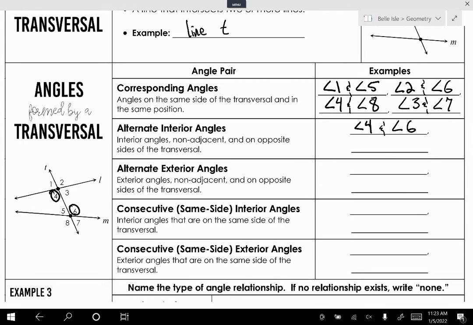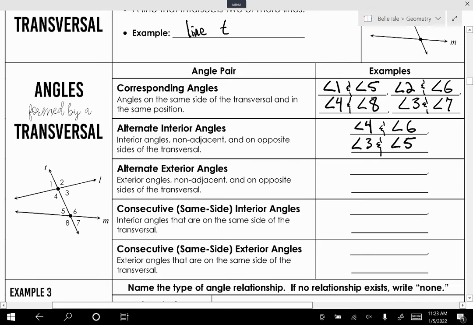Let's do angle 3, which would be angle 8. Angle 5, because it needs to be on the interior. Oh, okay, yeah. Angle 8 would be on the exterior. So what's on the inside?